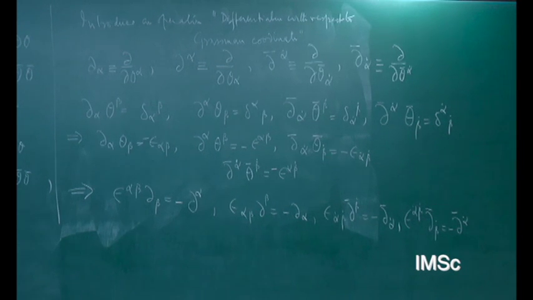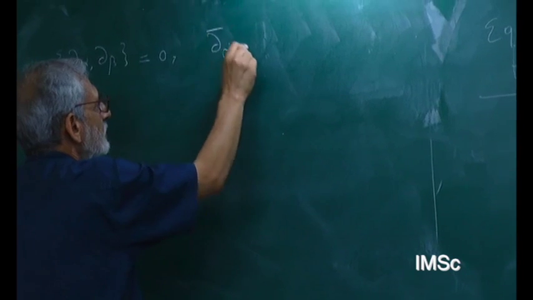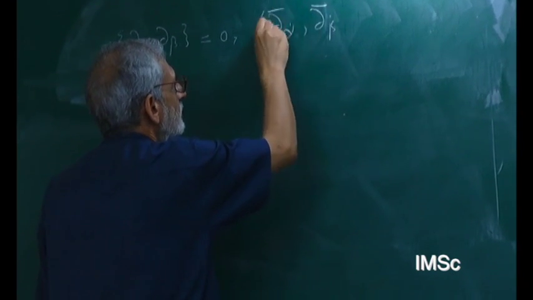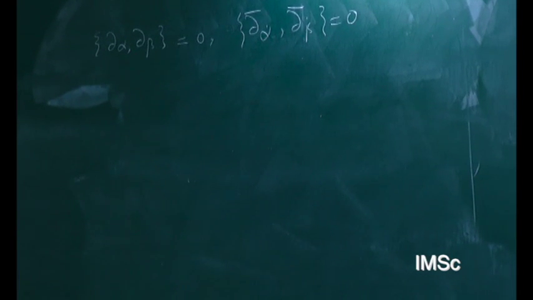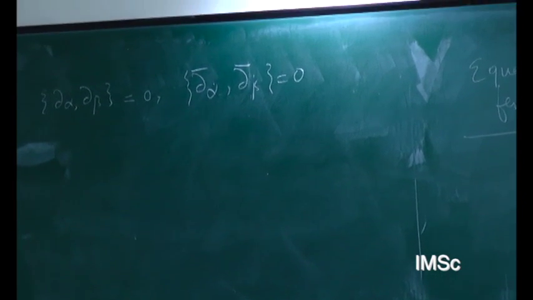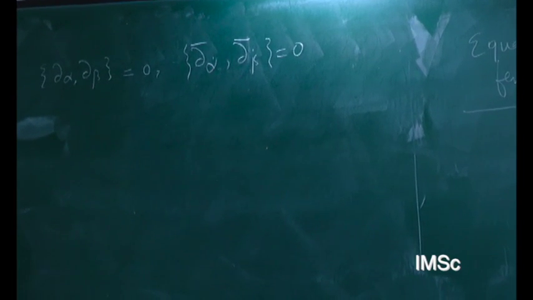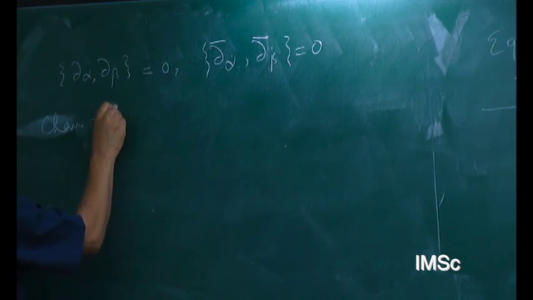And also, what happens if I do two operations, delta alpha and delta beta? They anti-commute. And mixed ones also. One more thing, chain rule.